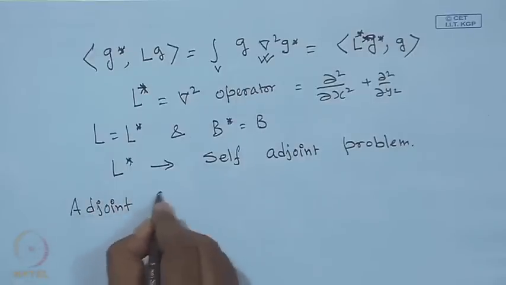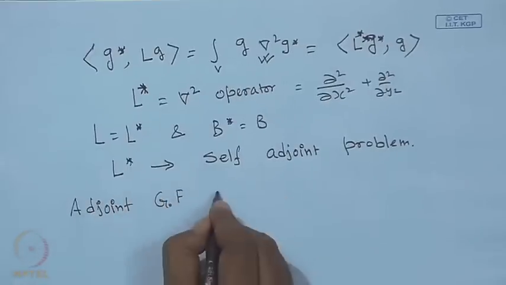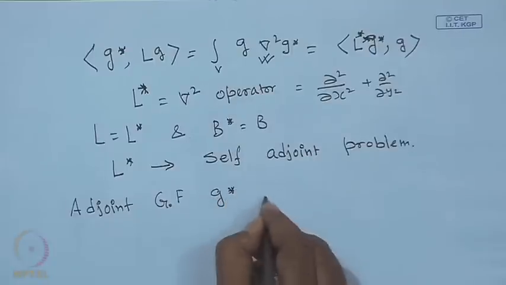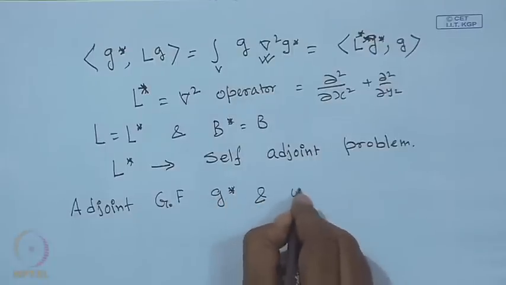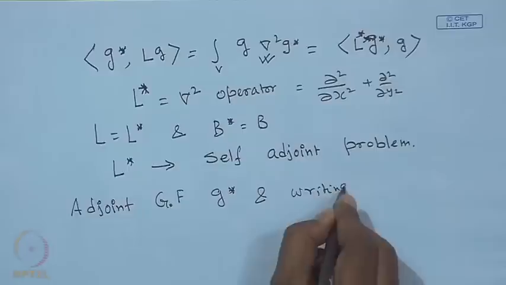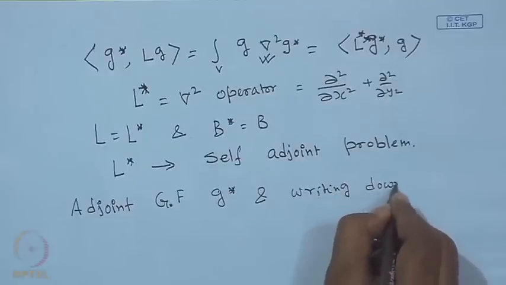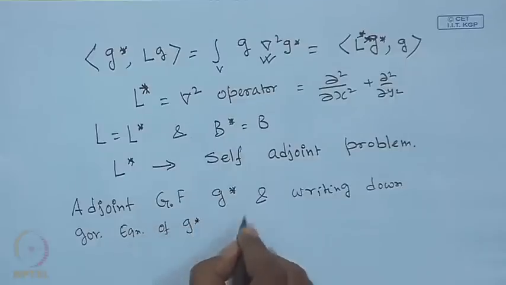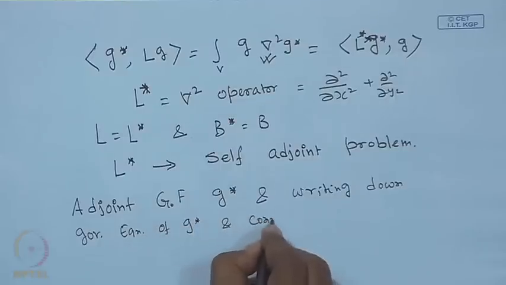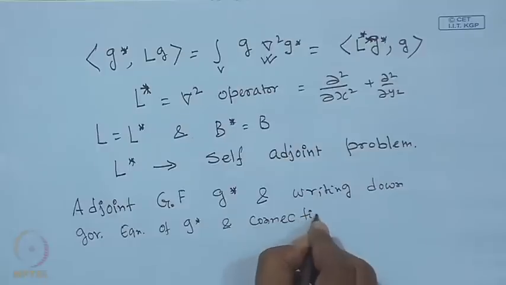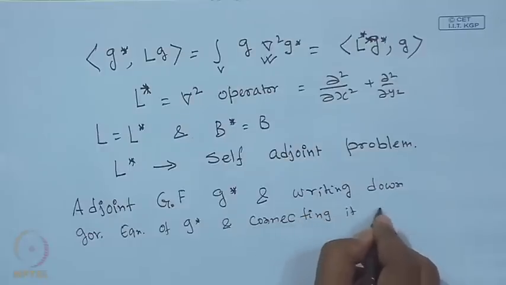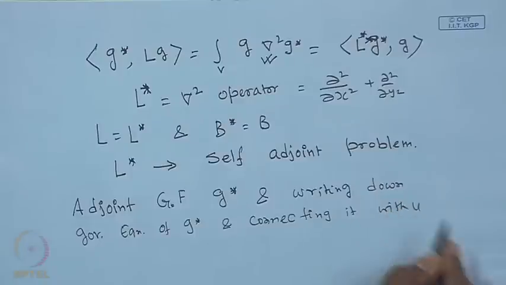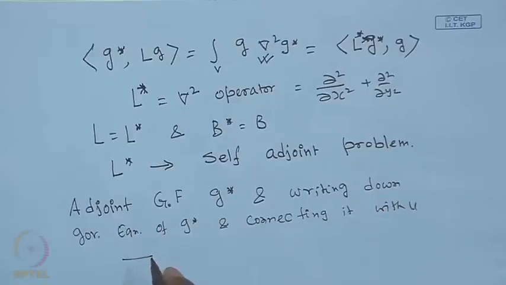Evaluation of the adjoint Green's function G star, writing down the governing equation of G star and connecting it with U is not necessary for this problem.